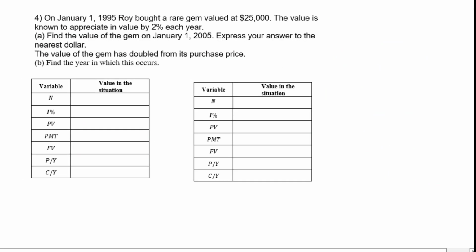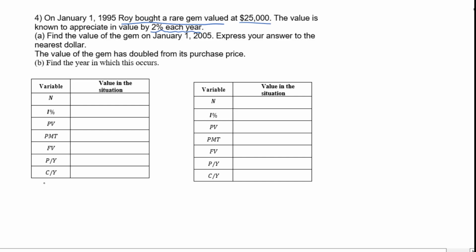For number 4, on January 1st, 1995, Roy bought a rare gem valued at $25,000. The value is known to appreciate by 2% each year. Find the value of the gem on January 1st, 2005. Express your answer to the nearest dollar.